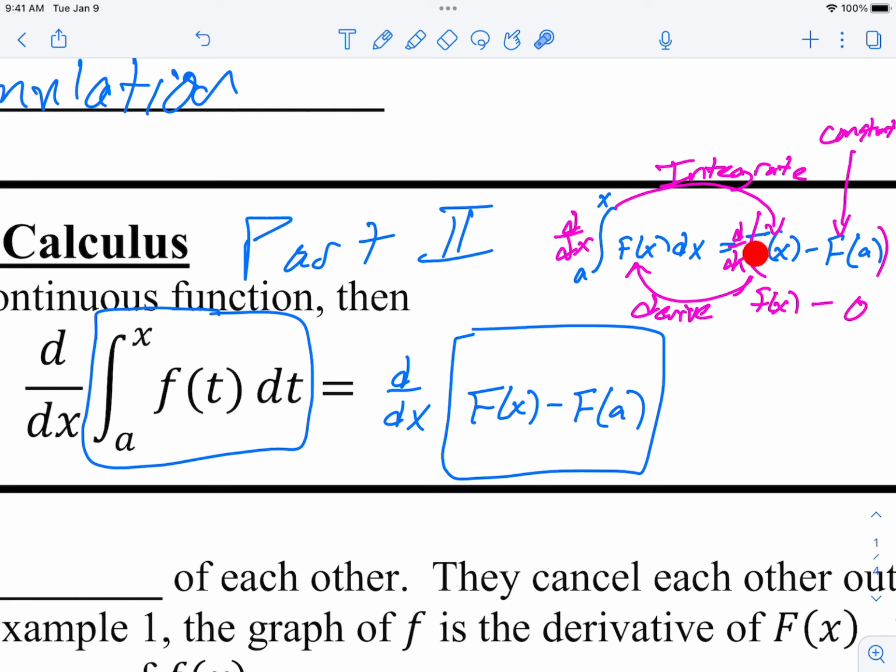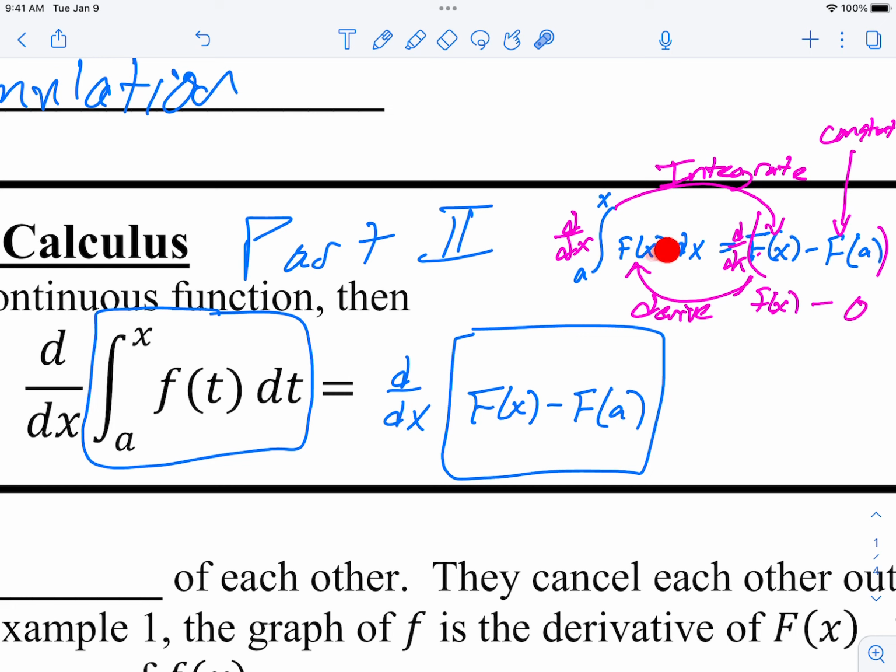That's its definition. Big F is the antiderivative of little f, and so the derivative of big F gives you little f. And over here, this is a number, and when you derive something that's added or subtracted, you have to derive both terms, kind of like back in the old days, the derivative of x squared minus 5x would be 2x minus 5. You have to derive both of these, and the derivative of this constant is 0.